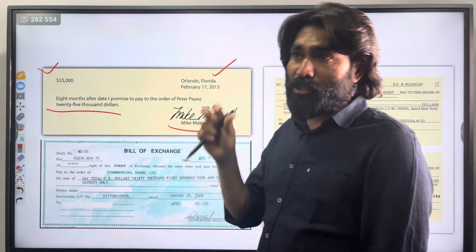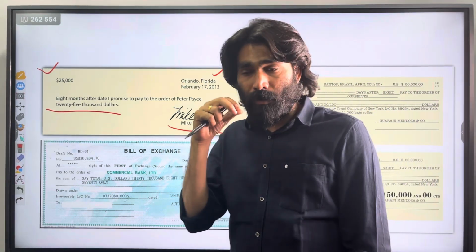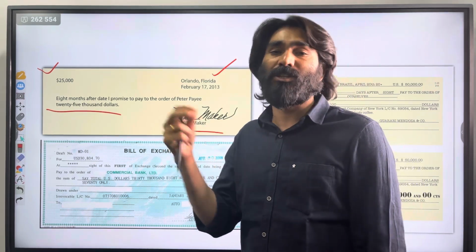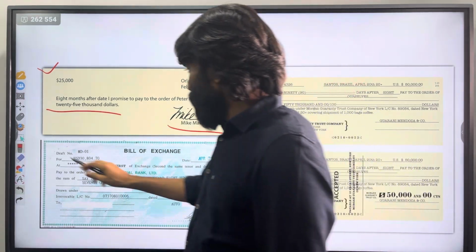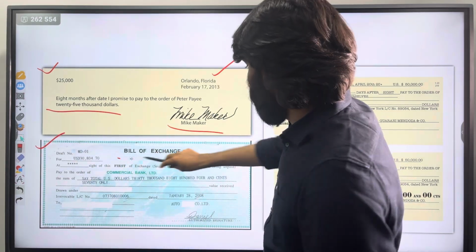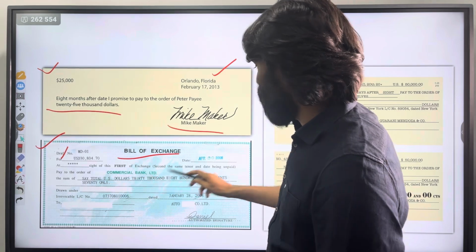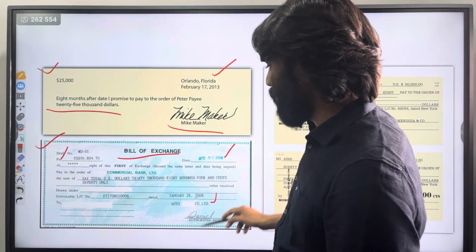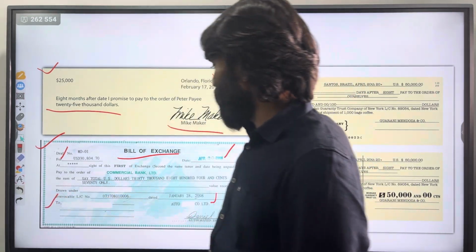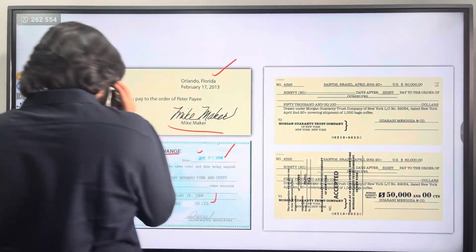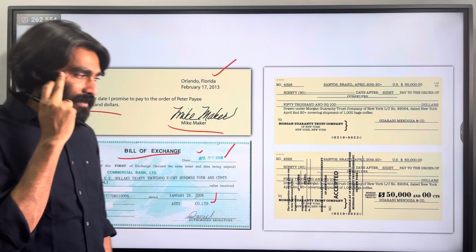That paper you can also consider as your commercial paper. Commercial, as I said, means business. If you write something on paper and it contains business information, that becomes a commercial paper. Then in another form, the formal form, which is the bill of exchange, you can see number, amounts, everything in detail. It's like a check format, including the total amount, who is going to receive it and how much.